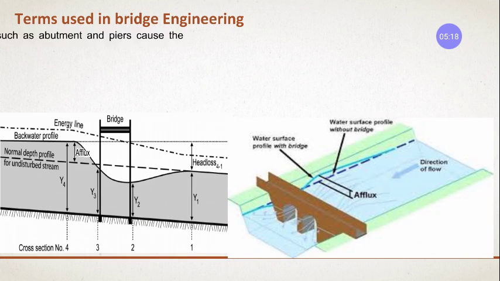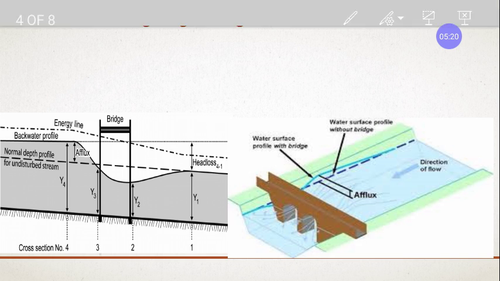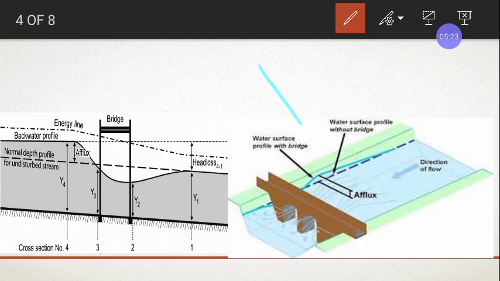Next is afflux. Now what is this afflux, right? See this first image. Once we construct the bridge across the river, in the case of a river we are talking about, and the flow of water is in this direction, as the water comes nearer to the bridge, see this drawing, the water level will start increasing.